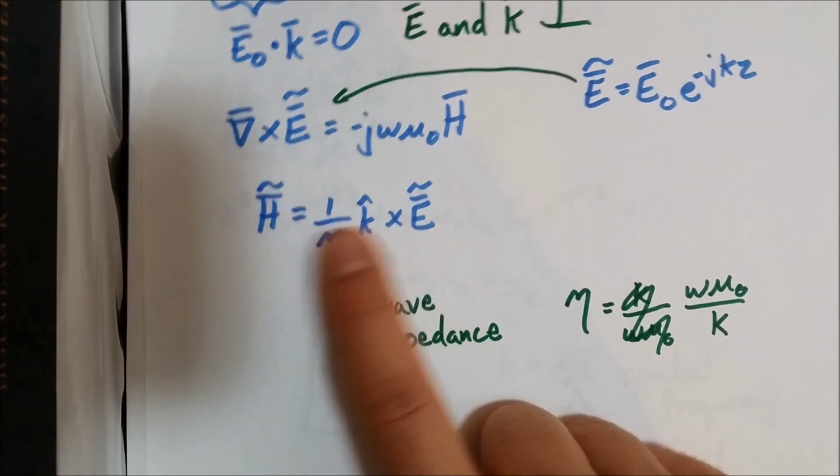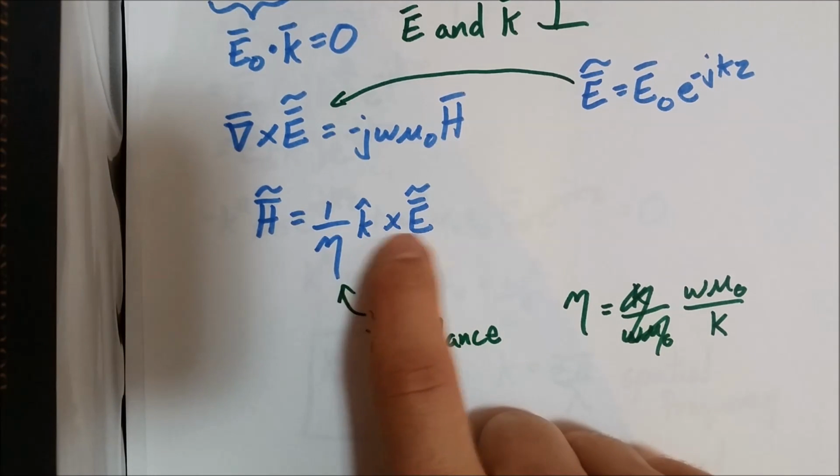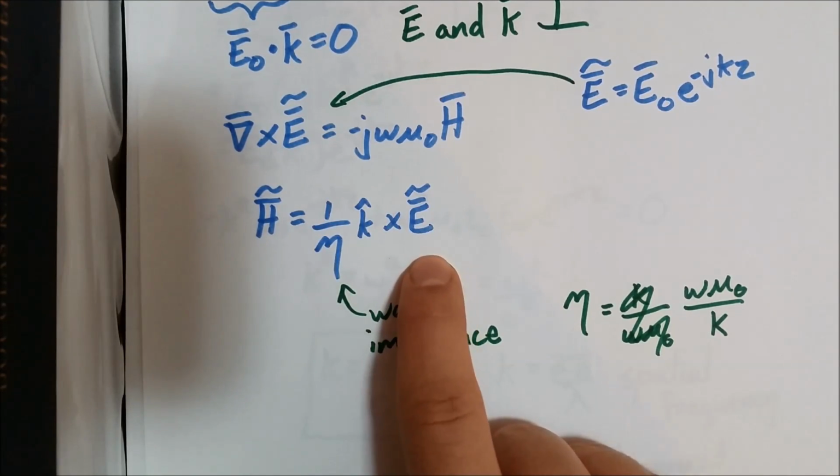Now we can see here that the magnetic field must also be orthogonal to the electric field in order for this to yield a non-zero result.